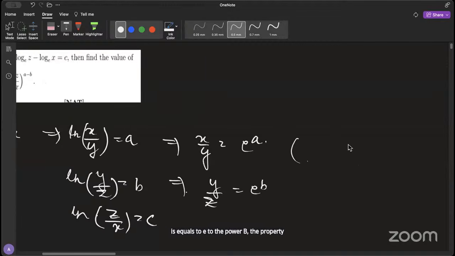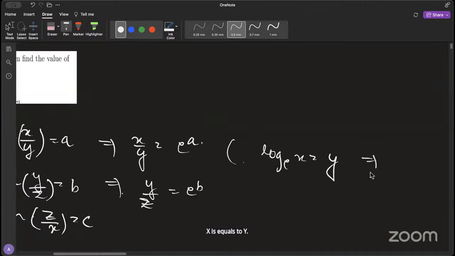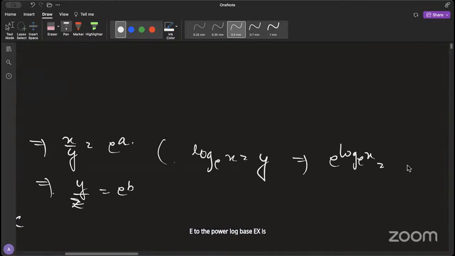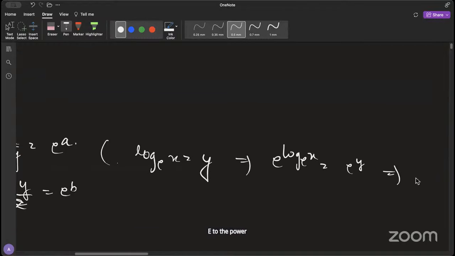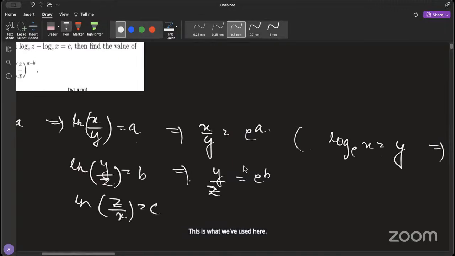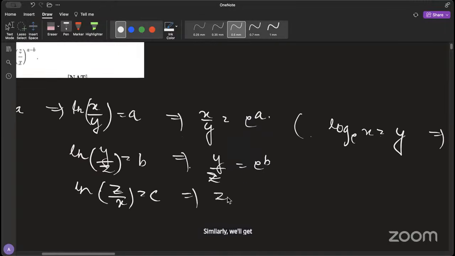The property that we've used here is, if log base e x is equal to y, this implies e to the power log base e x is equal to e to the power y, which implies x is equal to e to the power y. Similarly, we'll get z by x is equal to e to the power c.